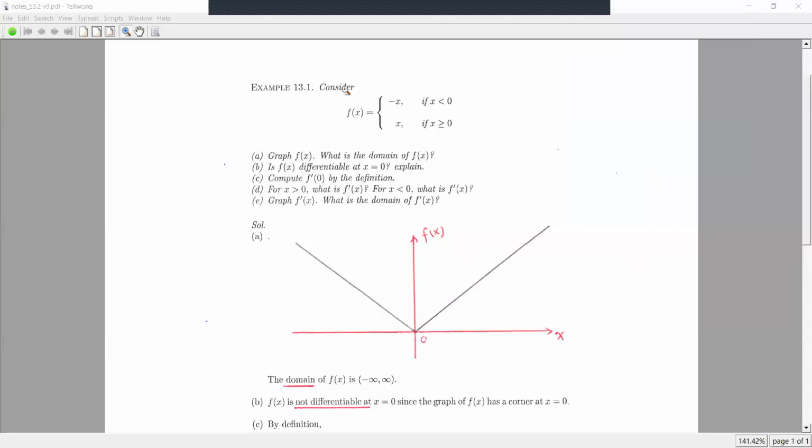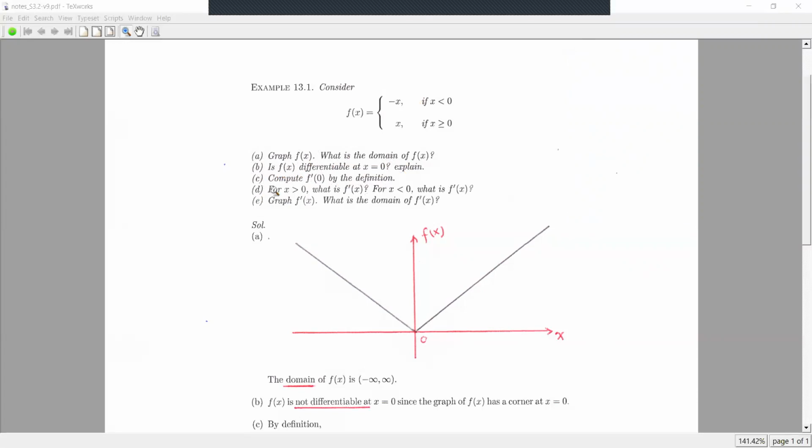Example 1. Consider this function. A. Graph the function. What is the domain of the function? B. Is the function differentiable at point 0? Explain. C. Compute the derivative at point 0 by the definition.